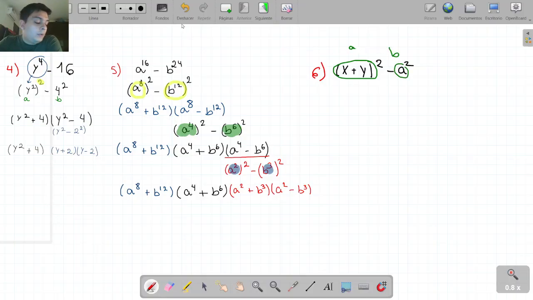So if we follow the formula, a plus b will be x plus y plus a, and we have the other part, which is x plus y minus a.